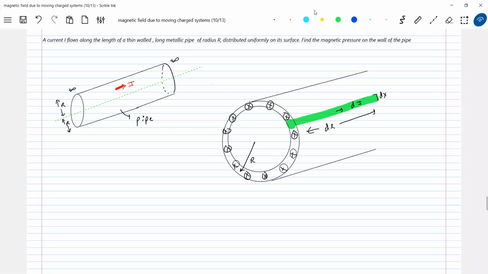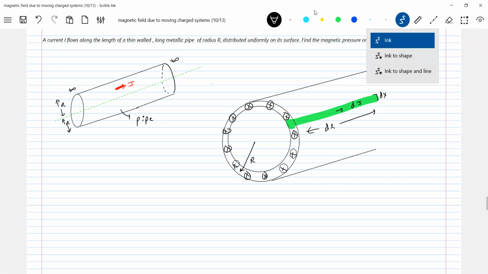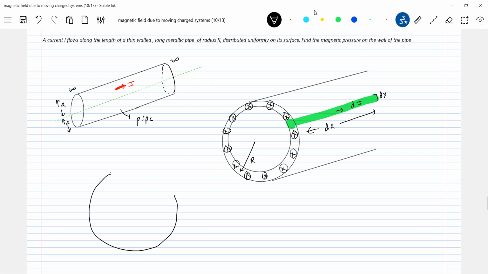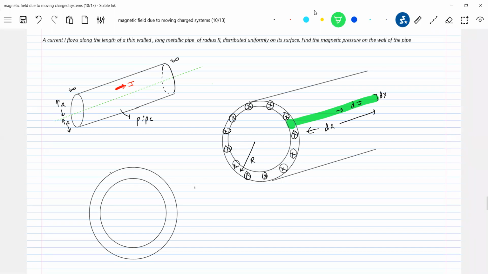So I'm asking you to assume an element here.